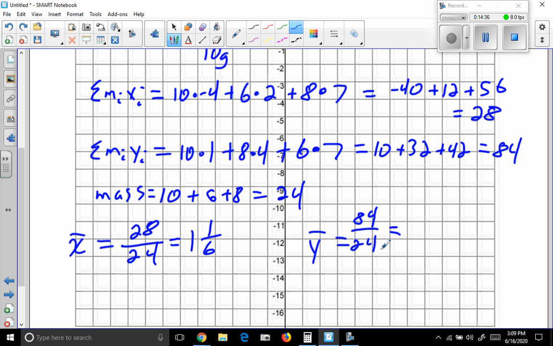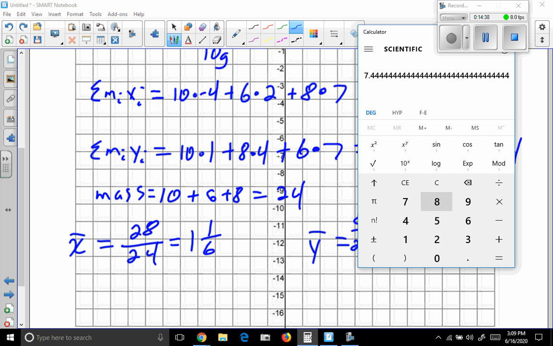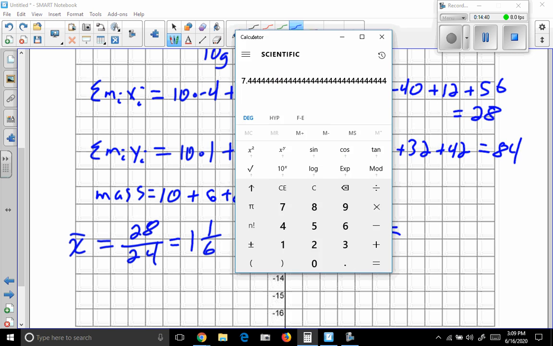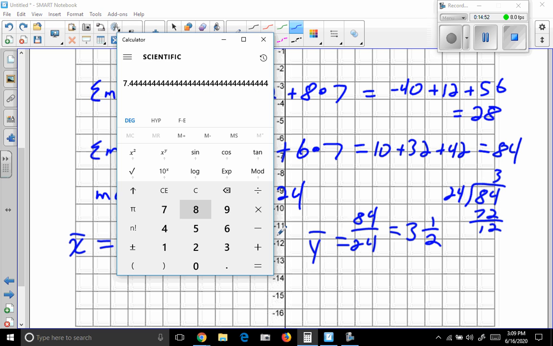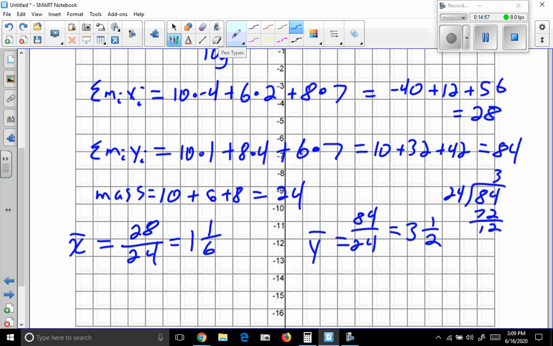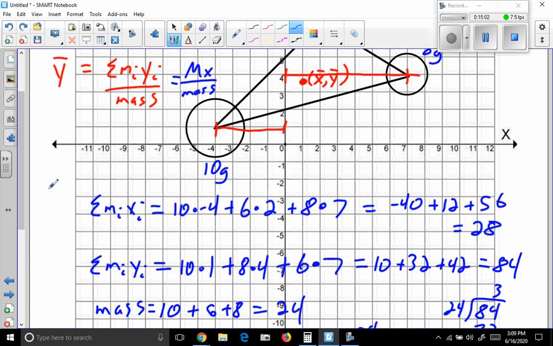Let's see, if we reduce this, if we do 84 divided by 24, that's 72, 12, so that's what, 3.5? 84 divided by 24 is 3.5. So our center of mass is over 1 and 1/6 up 3.5. So we were pretty close. That's where our center of mass will be located.